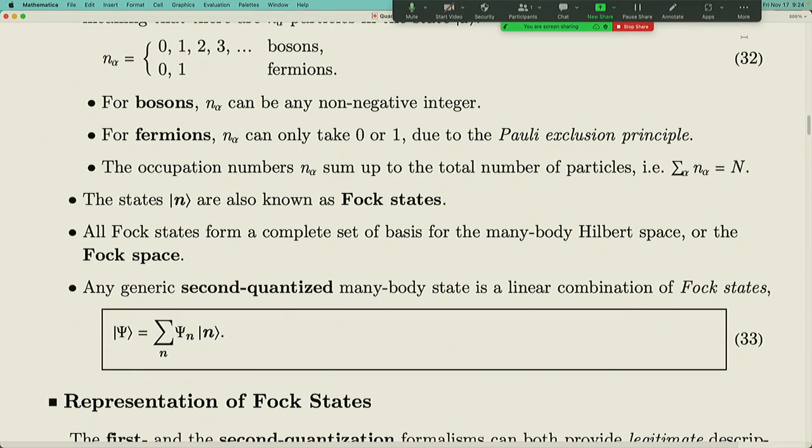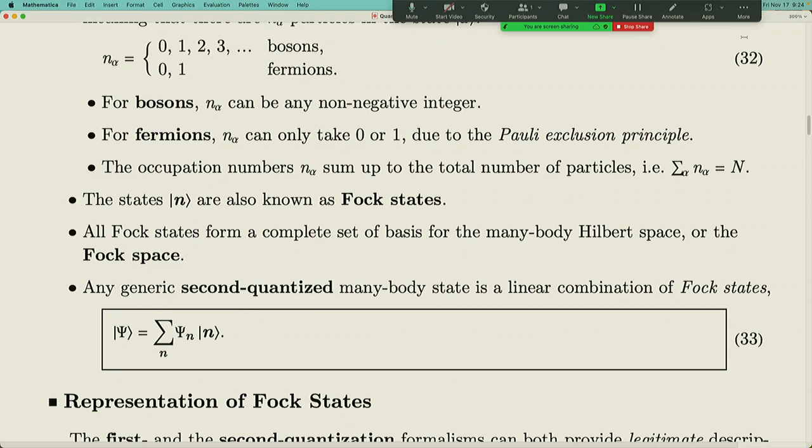These states serve as a basis in this reduced Hilbert space. They are called the Fock states, named after the scientist who created them.